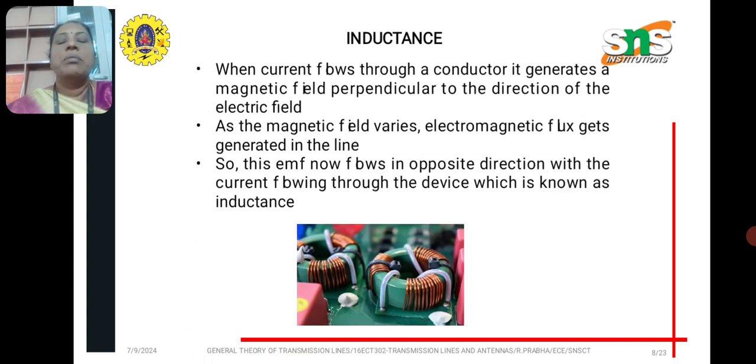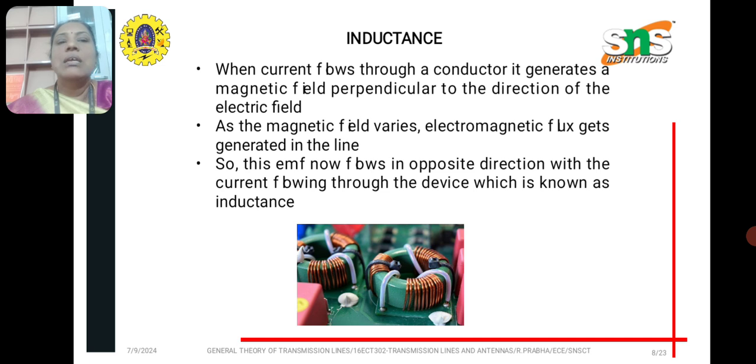So the third parameter is inductance. When current flows through a conductor of a transmission line, it generates a magnetic field which is perpendicular to the direction of the electric field. As the magnetic field varies, electromotive force gets generated in the line.